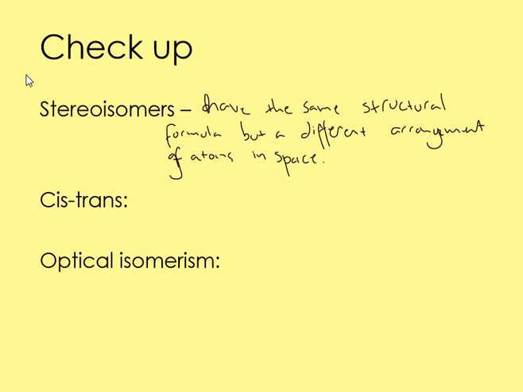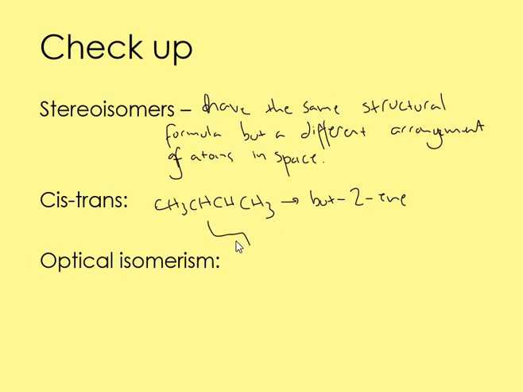So what we're used to with cis-trans is something like this. So if we take an example here, if we go for CH3CH=CHCH3, which we could name as but-2-ene. So if we draw these out, we should see that there's two possible isomers.